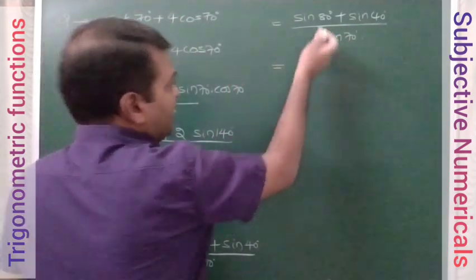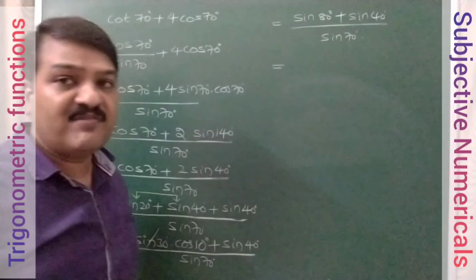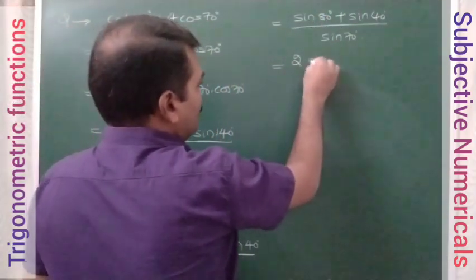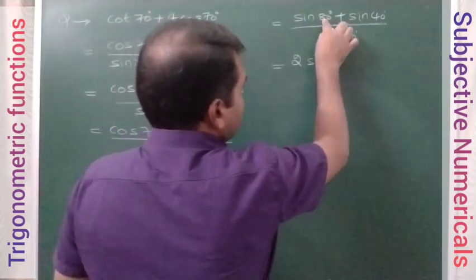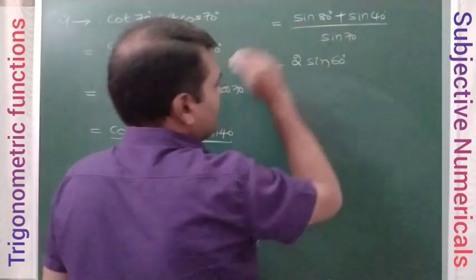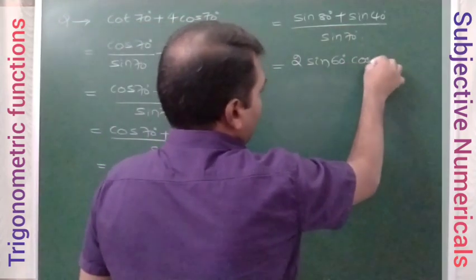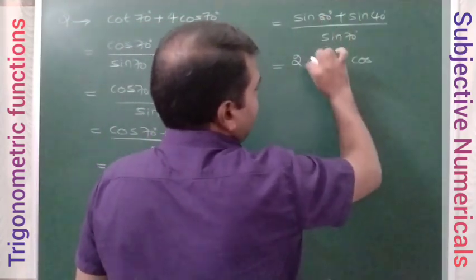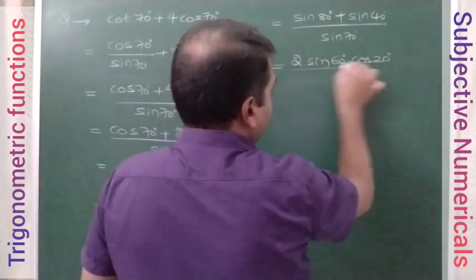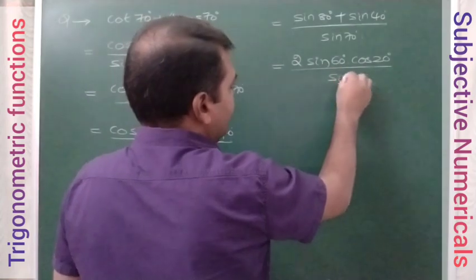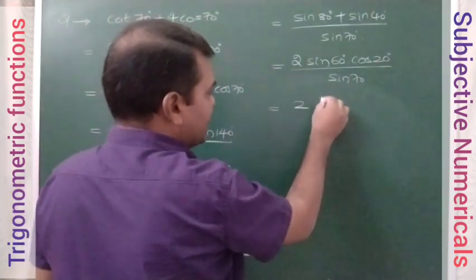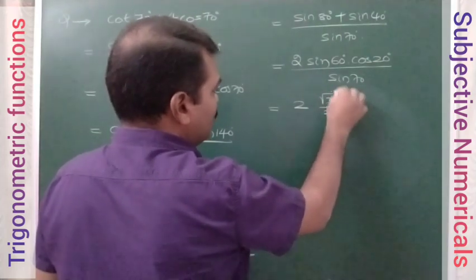So in the numerator again you have the sin C plus sin D form. So 2 sin of (C plus D) by 2, 80 plus 40 by 2, sin 60, into cos of (C minus D) by 2, so 80 minus 40 by 2, 20 you will get, by sin 70. So 2 into sin 60 is root 3 by 2.